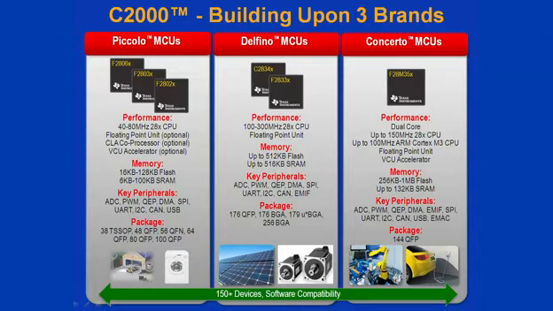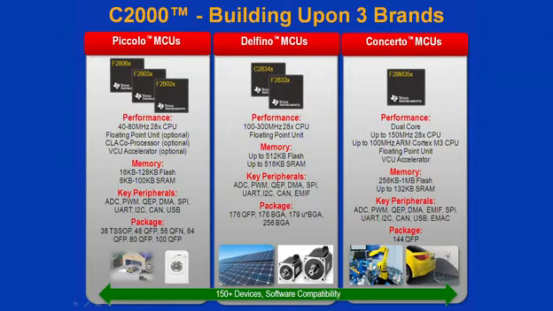The Concerto product line consists of a dual subsystem architecture incorporating a C28X CPU with performance up to 150 MHz and an ARM Cortex-M3 CPU with performance up to 100 MHz. In addition to floating point capabilities, it has a Viterbi complex math CRC unit.